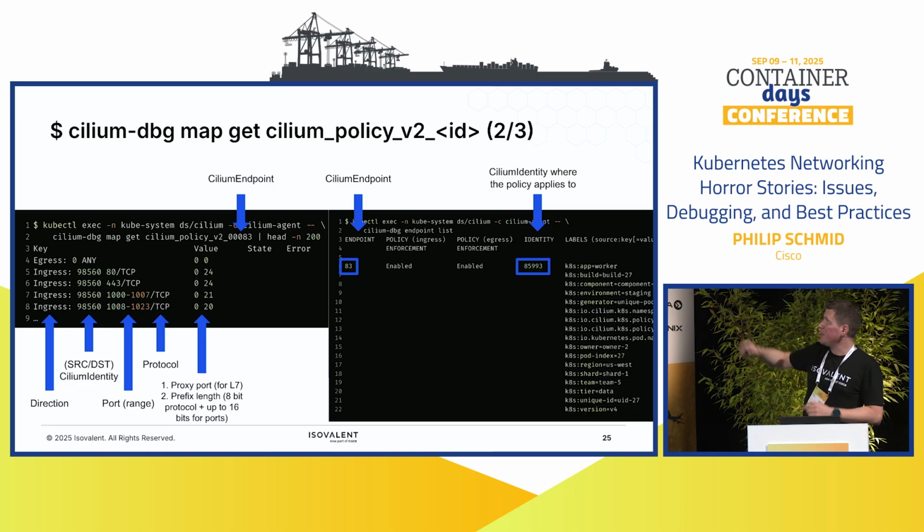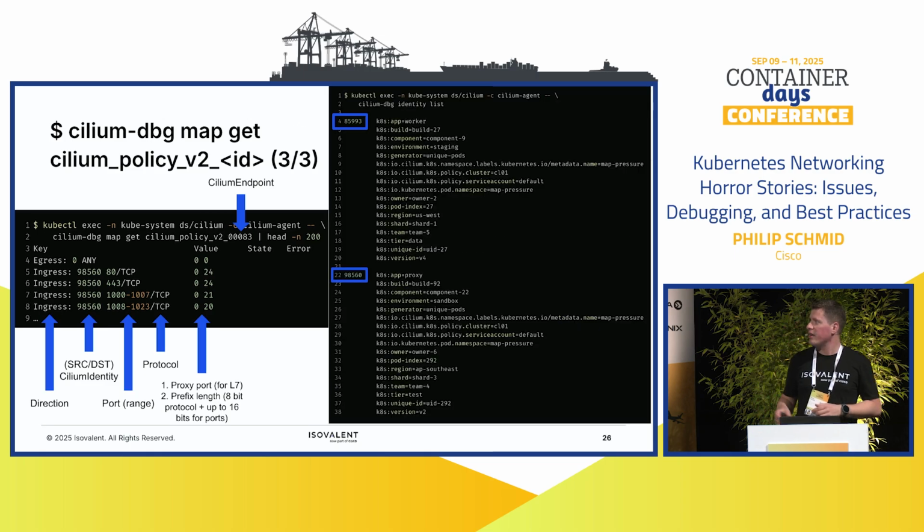We also see the identifier of the Cilium identity, which is 85,000 something. And if we also want to look up the source identity from the left image, in the second column, that's this 98,000. We can also directly see the other entity, which is allowed to communicate to our entity, with the labels app, workers, and so on.